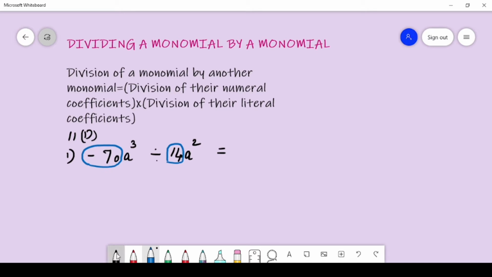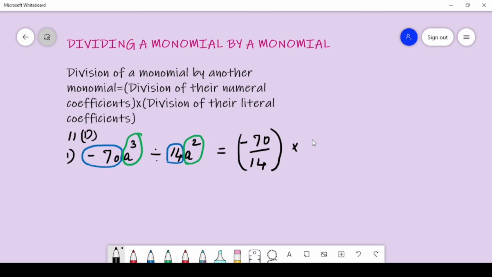So that's equal to minus 70 divided by 14. Then we multiply by the division of their literal coefficients. Which are the literal coefficients here? In the dividend it is a cube and in the divisor it is a square. So we have to divide them.